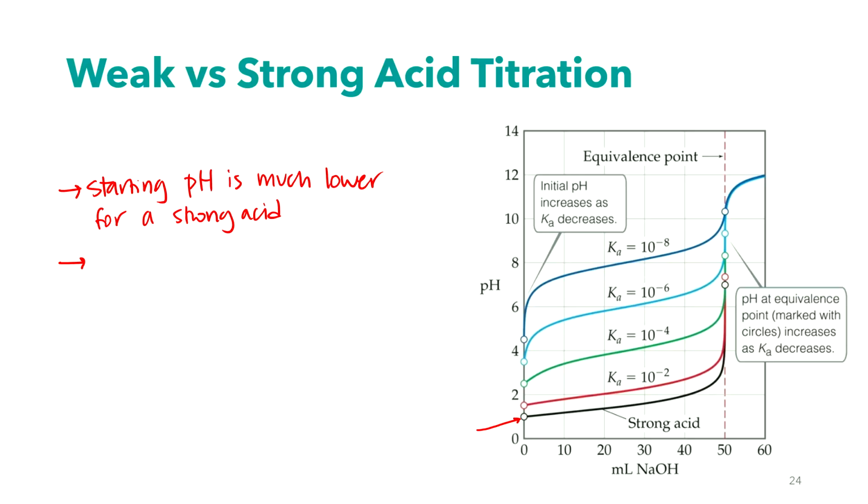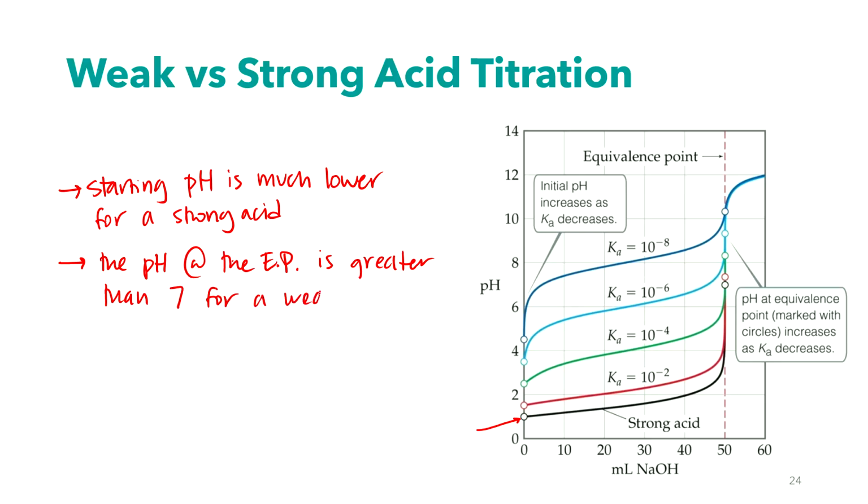The next thing, the pH at the equivalence point is greater than 7 for a weak acid. Okay, so the black dot there, the black outline, that is our strong acid, and that's at a pH of 7.